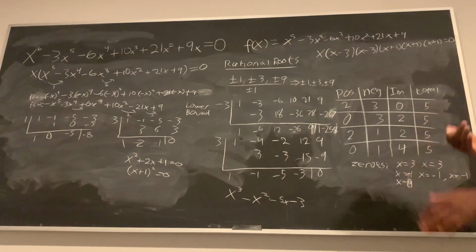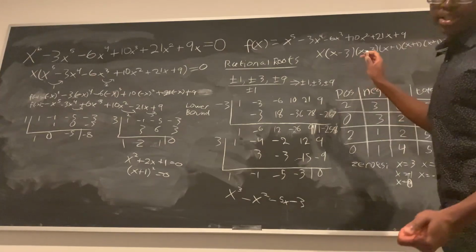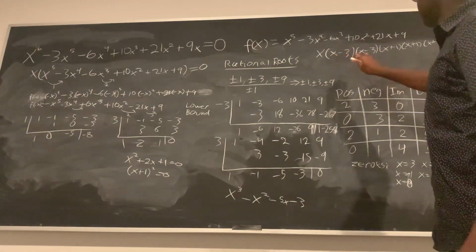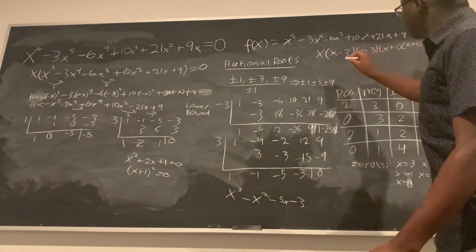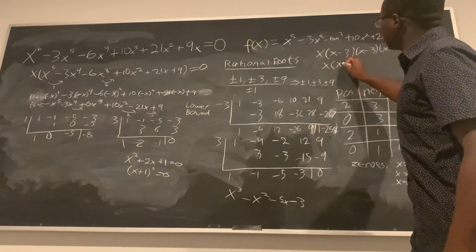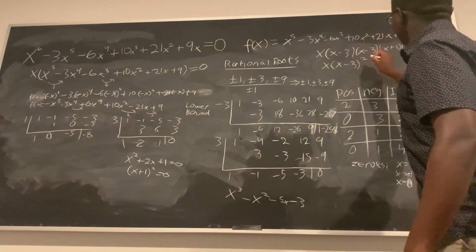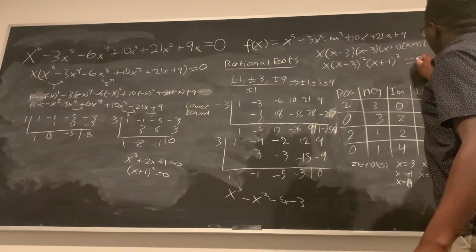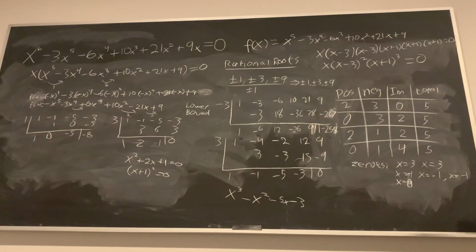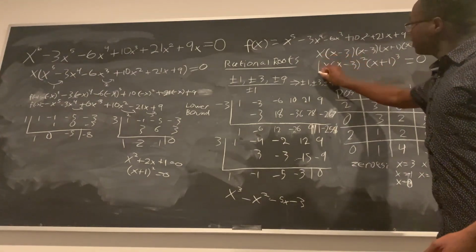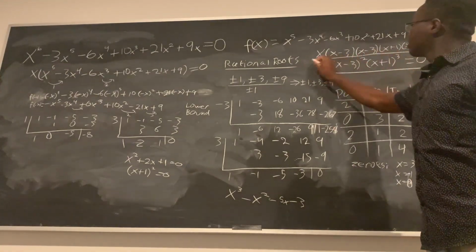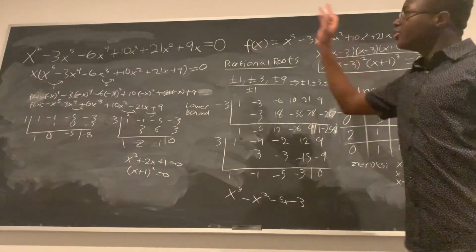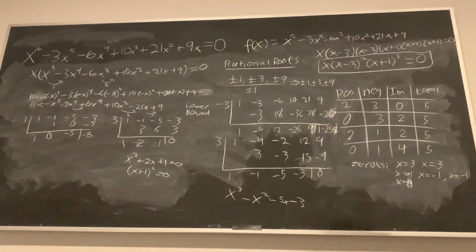But now we can compress this a little, and we can make this x times x minus 3 squared times x plus 1 cubed. This of course equals 0. And here we go, this is our final answer. Were you to multiply this out, you would get that polynomial right over there.